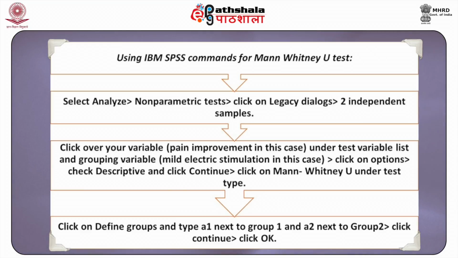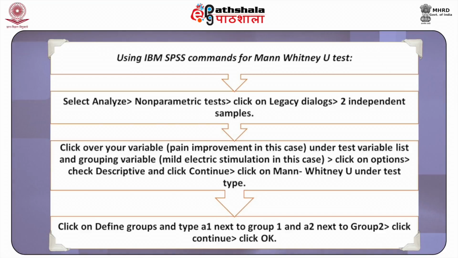The steps used for the SPSS application for Mann-Whitney U test are: select Analyze, Non-parametric test, click on Legacy dialogs, 2 Independent Samples, click over your variables, which in this case is pain improvement, in the Test Variable List, and the grouping variable, which is mild electric stimulation in this case, and click on Options. Check Descriptive and click Continue.